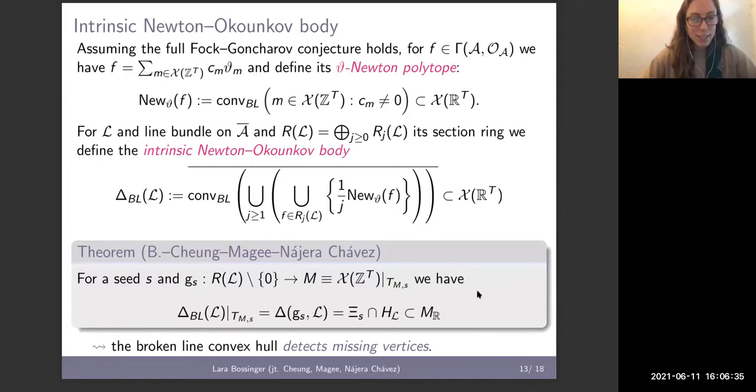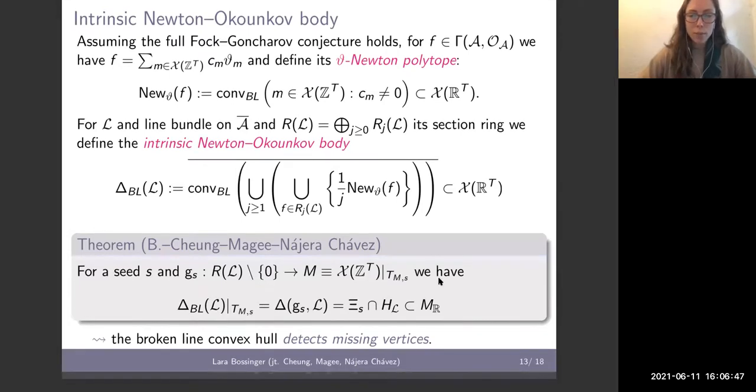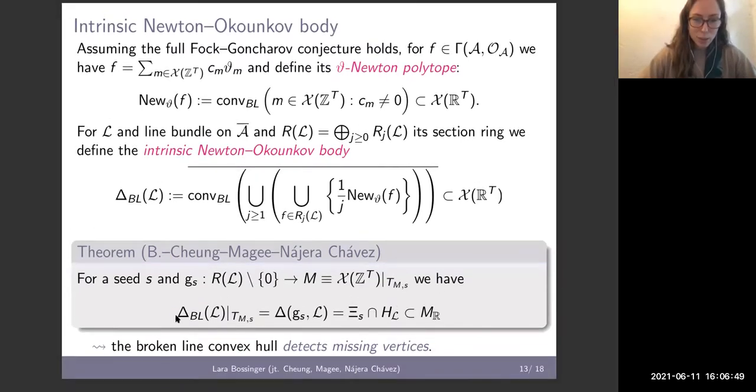Okay, so let's go to the examples and see what the advantages are of these broken line convex hulls. As I've shown you in this small example already, it can be a bit bigger than the classical convex hull.